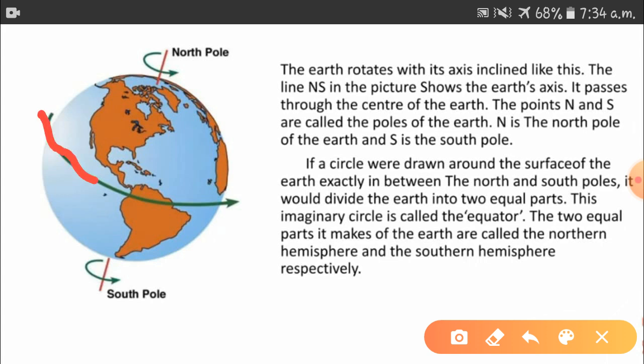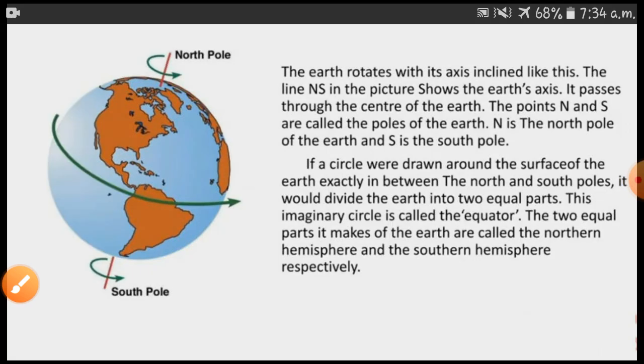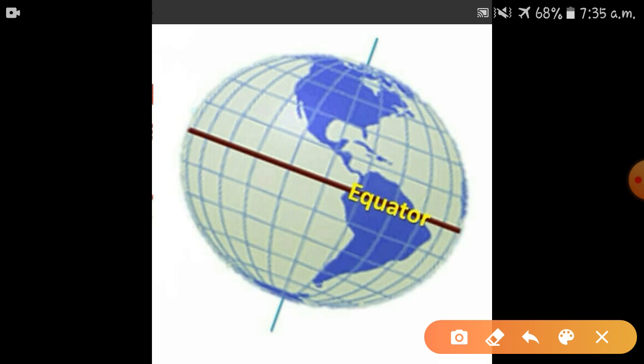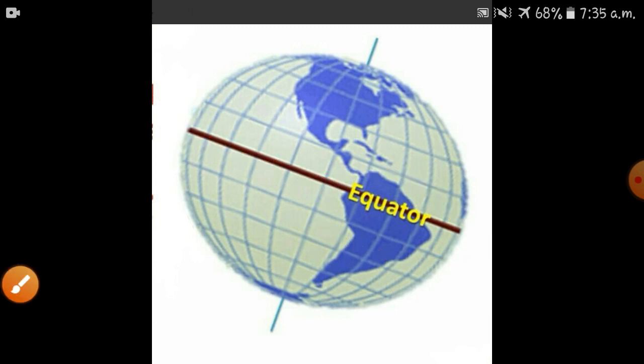It divides the Earth into two equal parts, and this imaginary circle is called the equator.